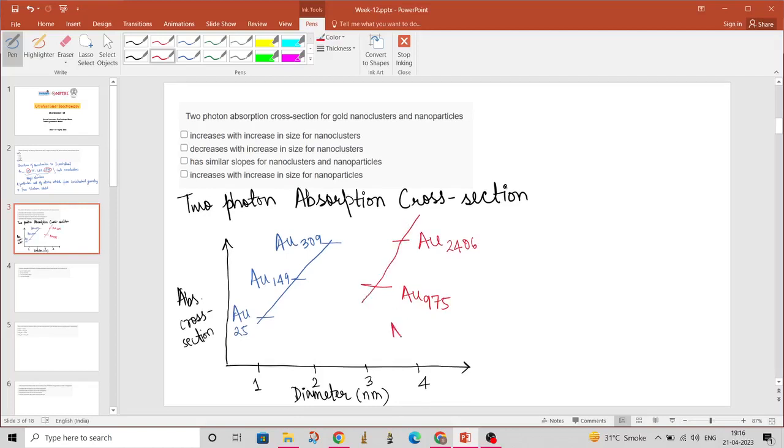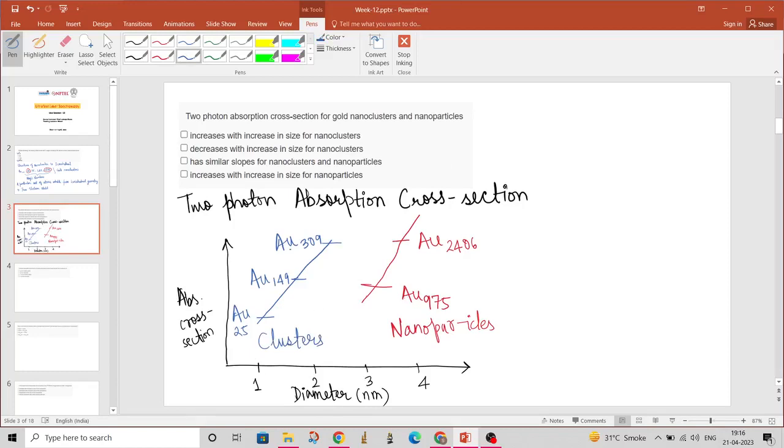This one is for nanoparticle and this is for clusters.